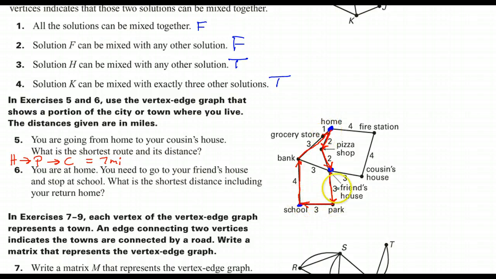So rather than going back the way I came, it would be quicker just to continue in a loop, and it will only take me 8 instead of 10. So 10 plus an additional 8, that is 18 units. So the shortest distance, including the return home, should be 18 miles.